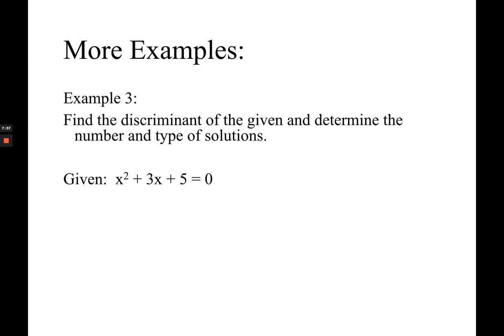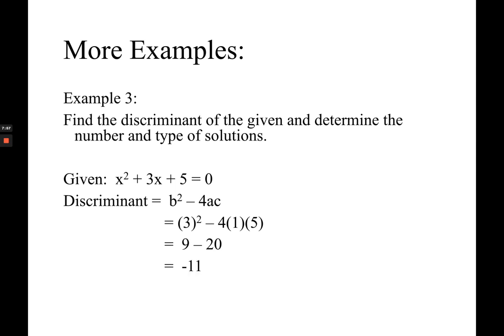You have here x squared plus 3x plus 5. Your b is 3, a is 1, c is 5. 3 squared is 9, 4 times 5 is 20, and 9 minus 20 is negative 11.